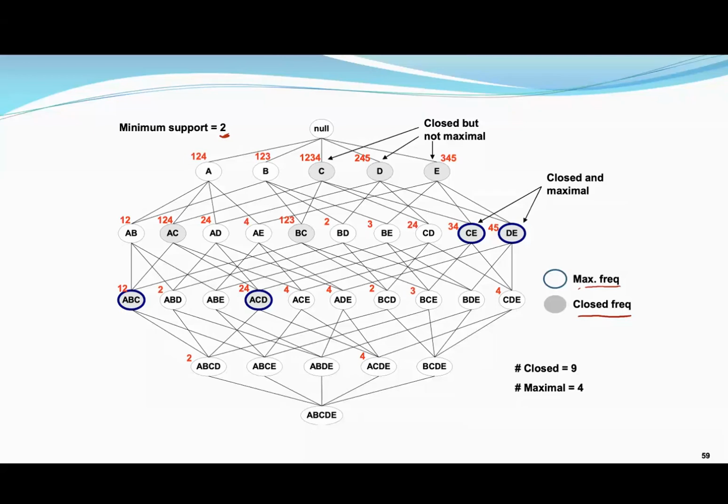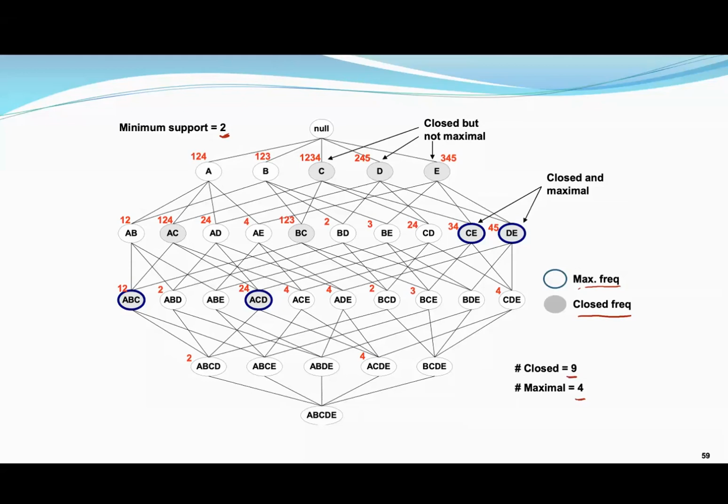And those nodes that have a blue enclosure are the maximal frequent item sets. In this picture, you can check that there are altogether 9 closed frequent item sets and 4 maximal frequent item sets. One thing you notice is that any maximal frequent item set must also be closed frequent. That can also be easily proved, and I will leave that as an exercise.